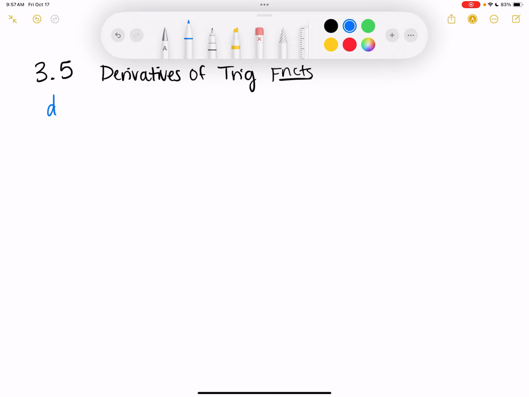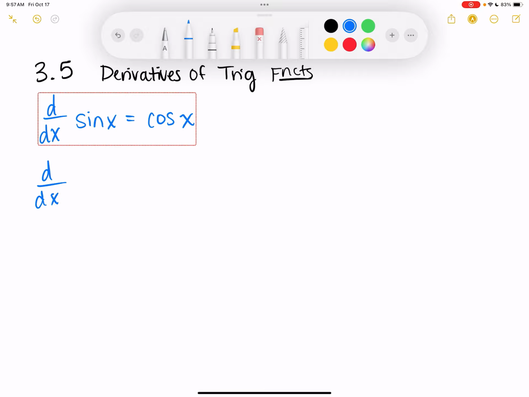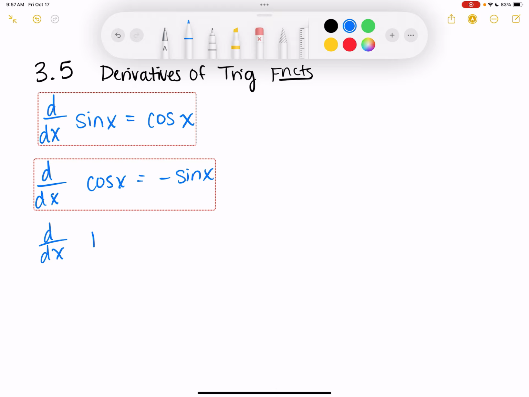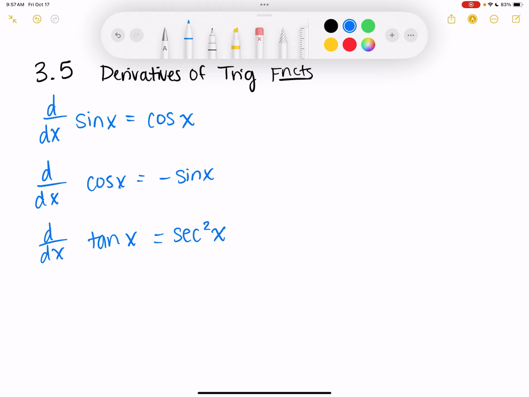So the derivative of sine of x is cosine of x. The derivative of cosine of x is minus sine of x. The derivative of tangent of x is secant squared of x. The derivative of cosecant of x is minus cosecant of x cotangent of x.